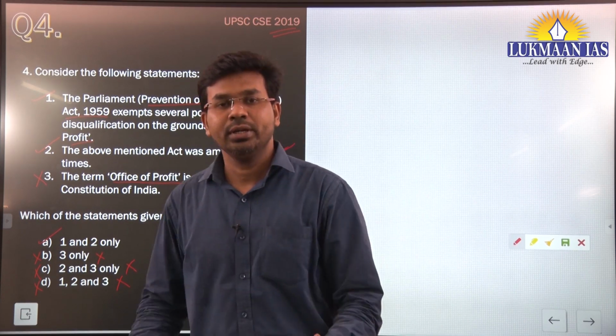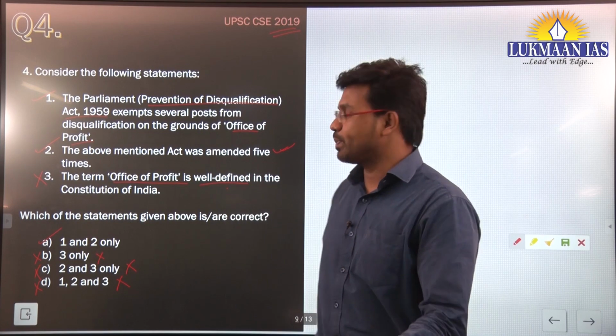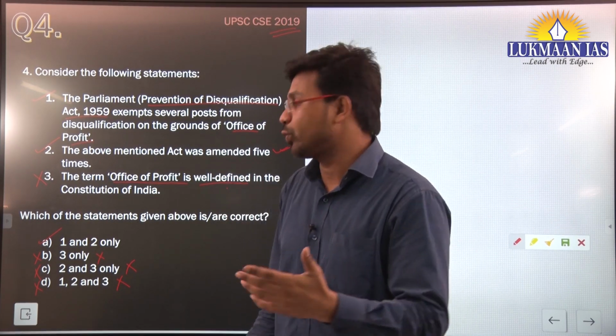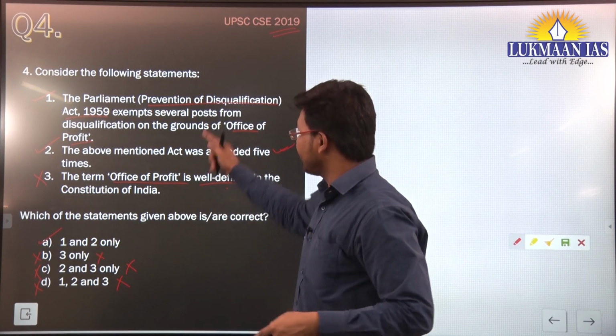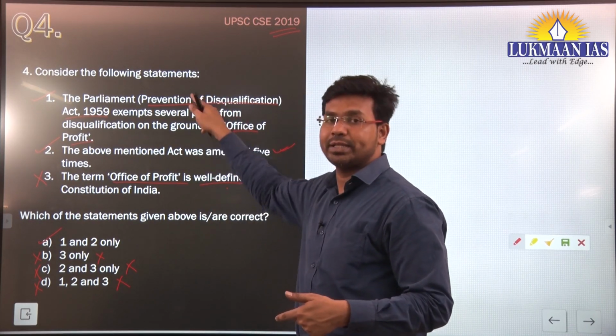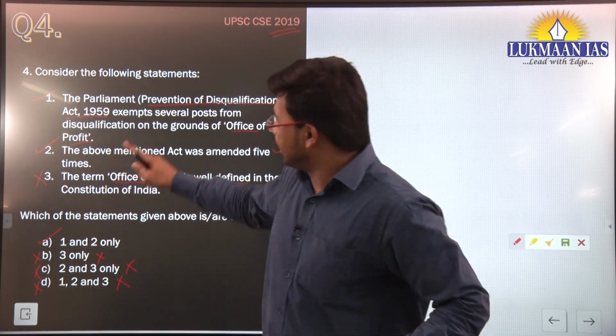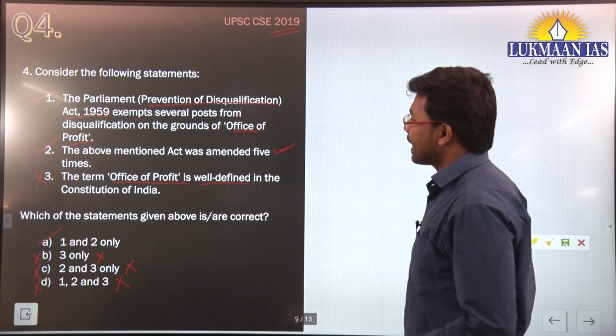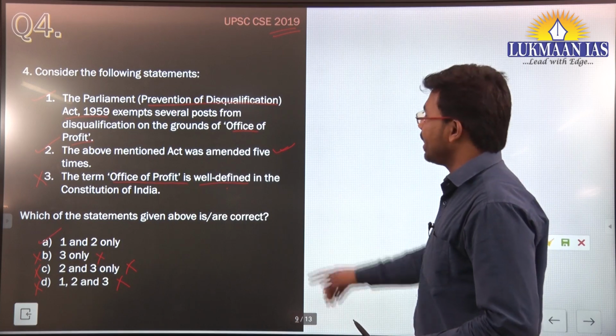This question is specific for those people who know the elimination method, because they will be able to arrive at the answer even without knowing the factual details of these two statements. These two statements are correct. So the correct answer is option A, 1 and 2.